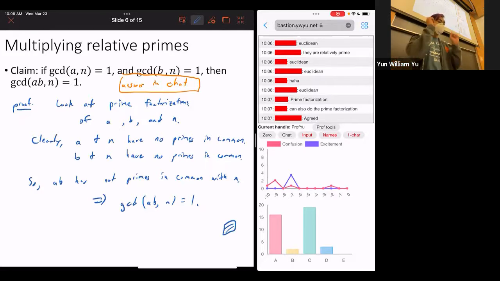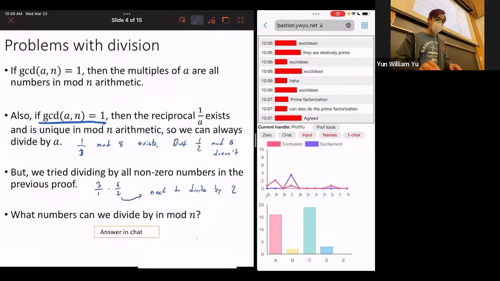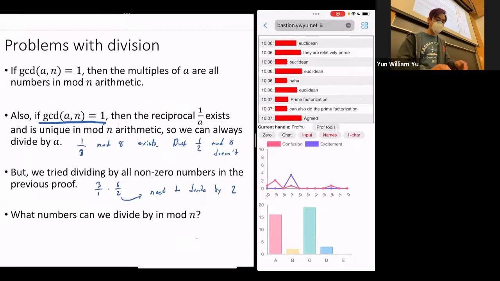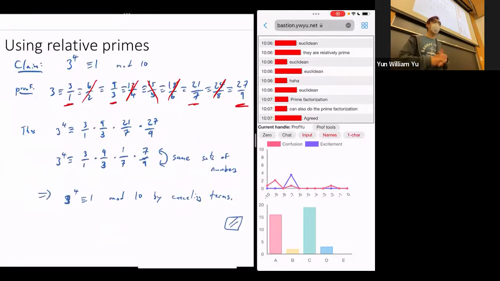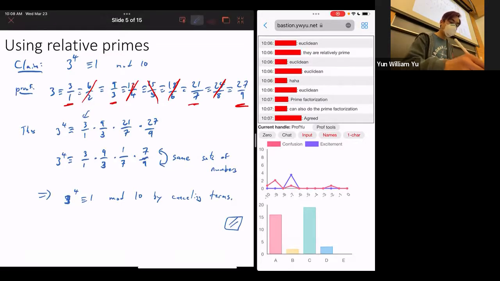And I'm going to make one more claim. So this basically means that when you multiply, a couple slides ago when we were proving this, yes, here it is, what we were doing is we were multiplying together our number 3 with the other relative primes.